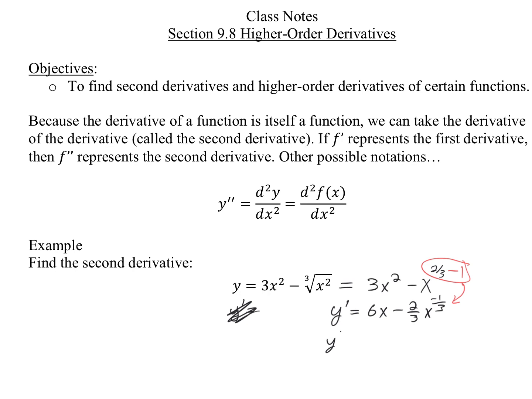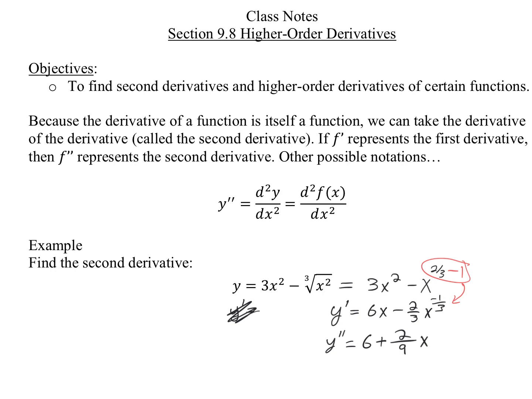Now I get to think about the second derivative. The derivative of 6x is just 6, and then when we think about the derivative of this next part, the exponent multiplies the coefficient, so a negative times a negative is a positive. 2 times 1 is 2, 3 times 3 is 9.